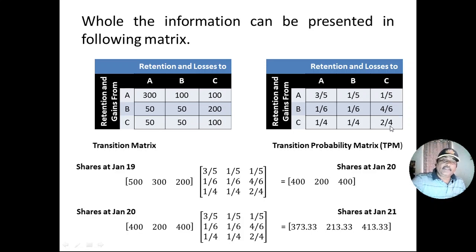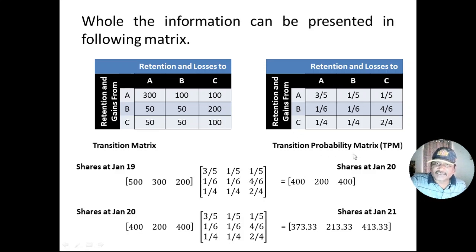So one thing must be borne in mind, that the sum in the row must be 1. Okay, that may not be 1 in the columns. But for having a valid transition probability matrix, the sum of all the probabilities written in a row must come to 1 for every row.